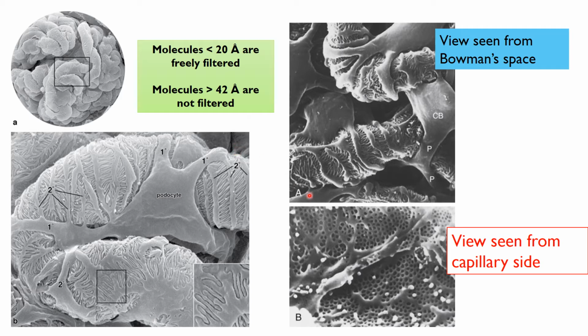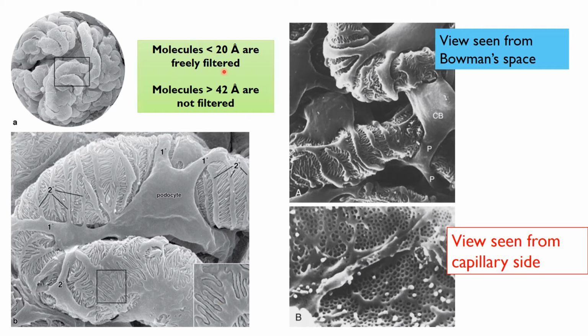So the takeaway from all of this is that in order to get filtered from the blood side into the Bowman space, so from inside this tube, to get out of this tube, you would have to be a molecule that is small enough to fit through these pores, get past the basement membrane, and then squeeze out between these interdigitated fingers of the podocyte.